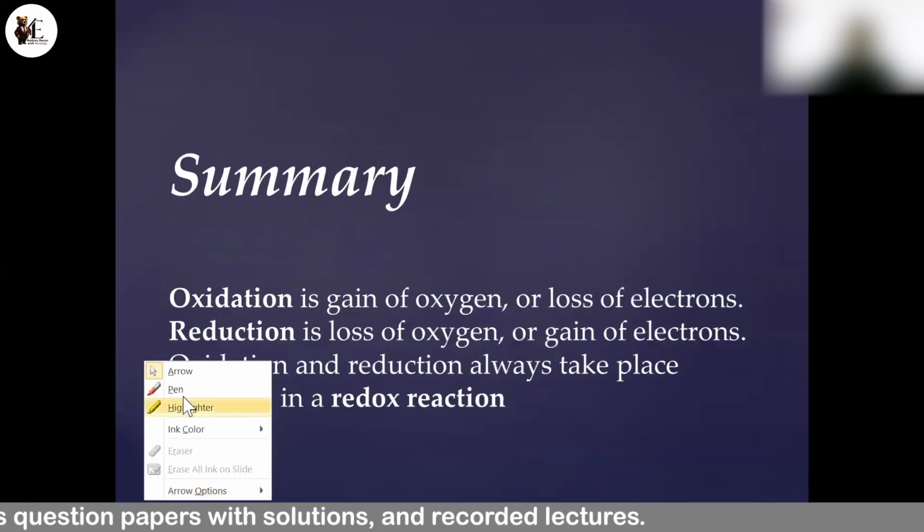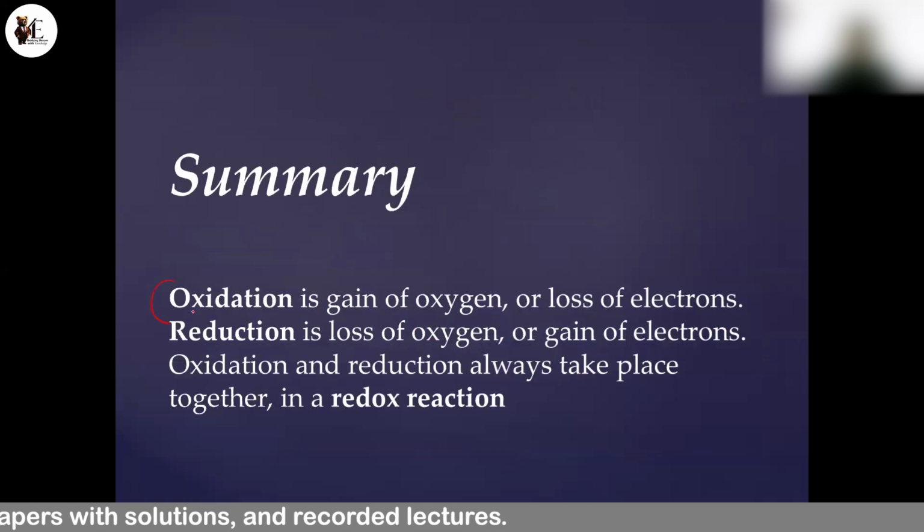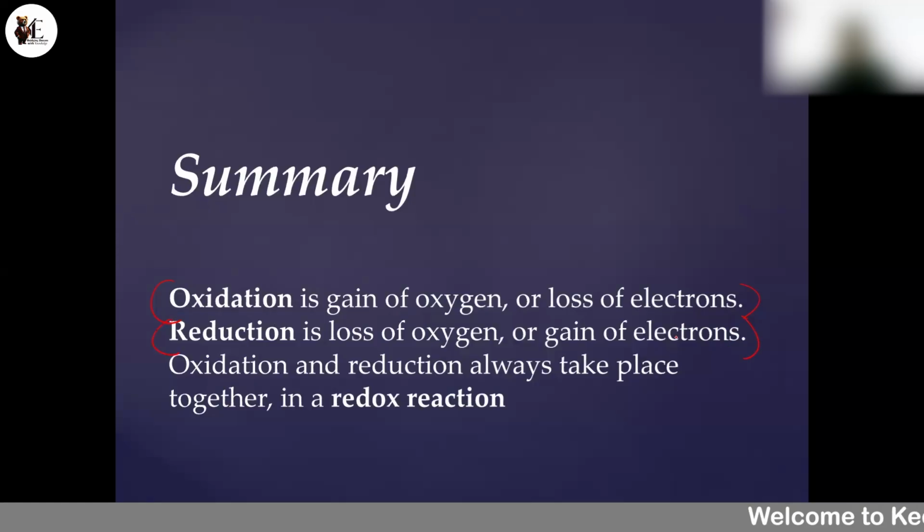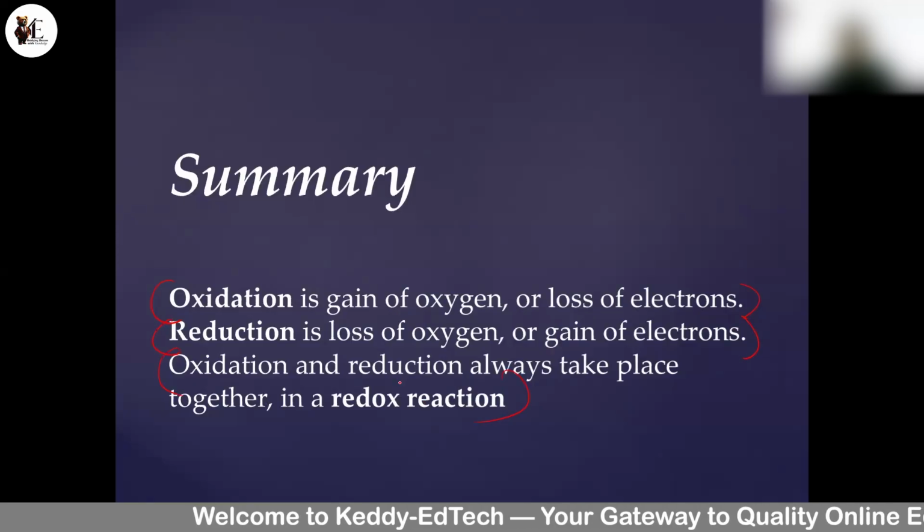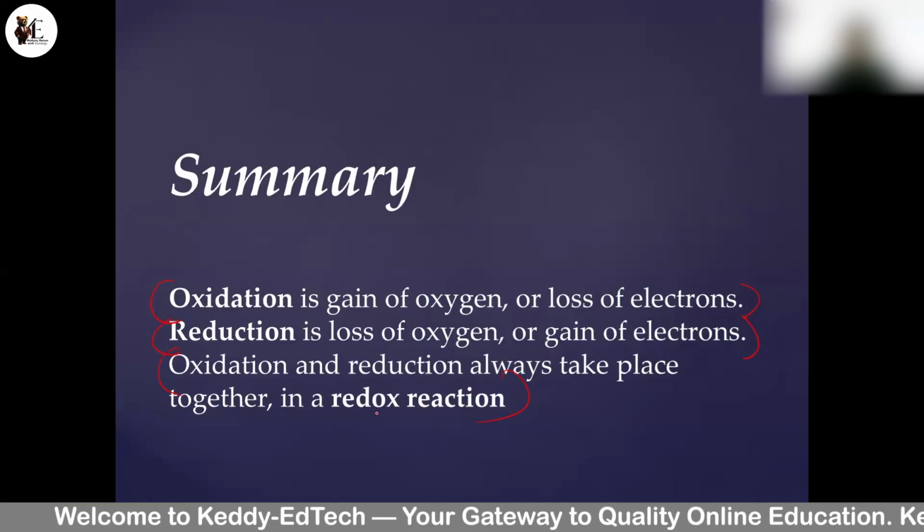So what we have just studied is that oxidation is gain of oxygen or loss of electrons. We have to remember both definitions. Reduction is loss of oxygen or gain of electrons. What is a redox reaction? Oxidation and reduction always take place together in a reaction, and that reaction is known as a redox reaction.